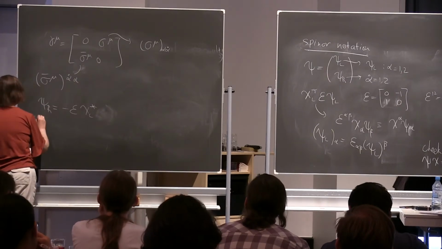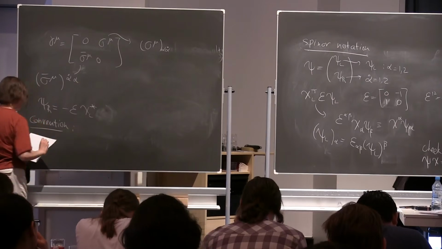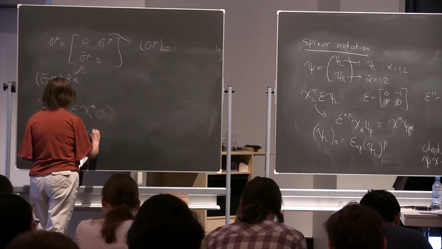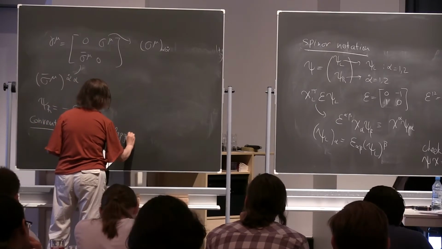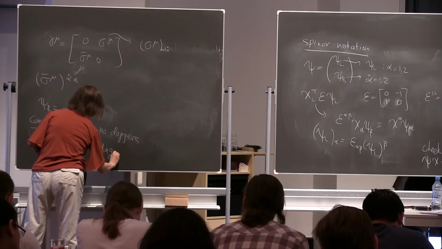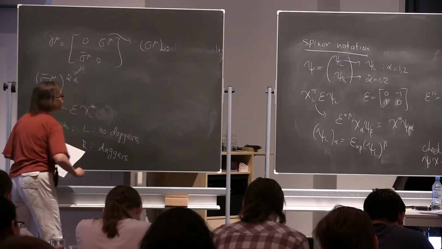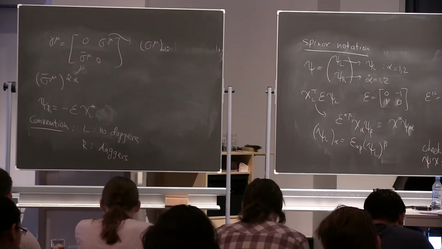And so the convention is going to be the following, and that's just a convention. The left-handed guys we're going to write with no daggers, and the right-handed guys we're going to write with daggers. And so now let me explain what we really mean.